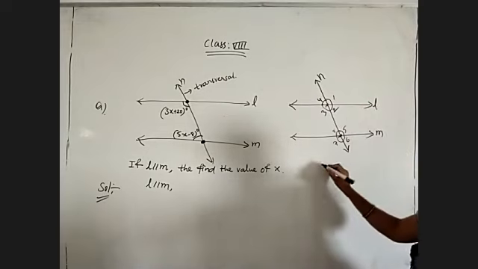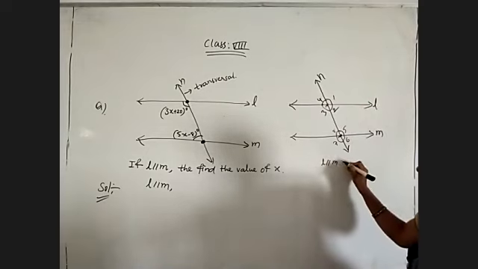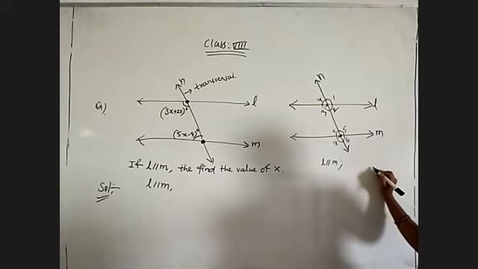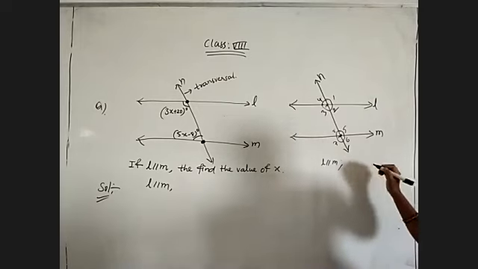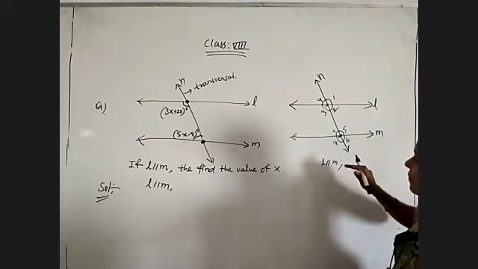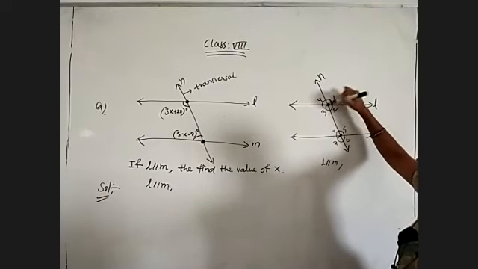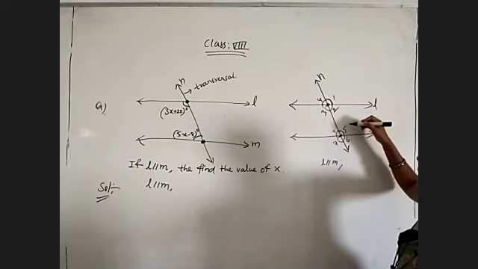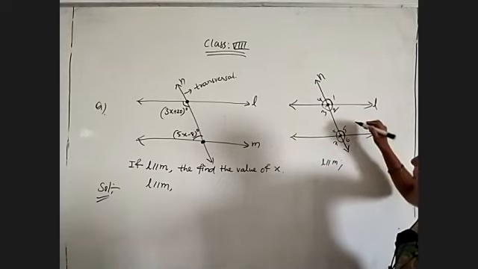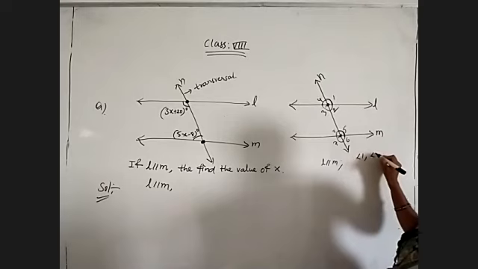And here I am taking L is parallel to M. What are the different types of angles? First is angle 1 and angle 5. I am considering angle 1 and angle 5.